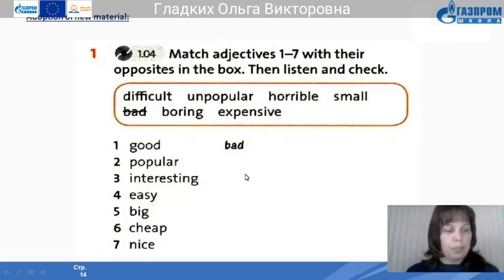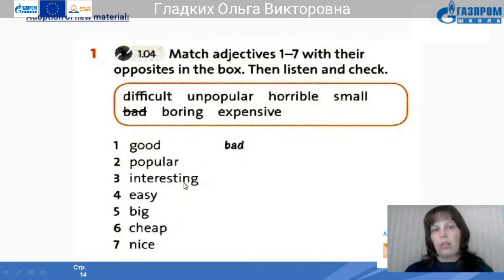Okay, good. Track 1.4. Starter unit. Vocabulary. Exercise 1. Please check and compare your answers. 1. Good. Bad. You are right, Adinai. Good. 2. Popular. Unpopular. The answer is unpopular. 3. Interesting.